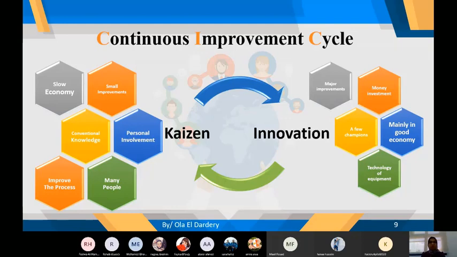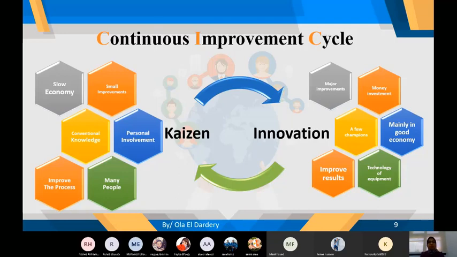If we are talking about a big economy, they can use the technology and equipment to enhance either the service or manufacturing industry. Innovation is about reaching a certain result. We are trying to reach a certain goal, so we are interested in how that result happens. And that's why together they work as a continuous improvement cycle.